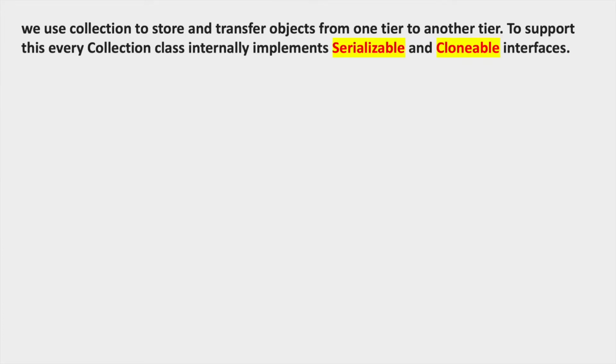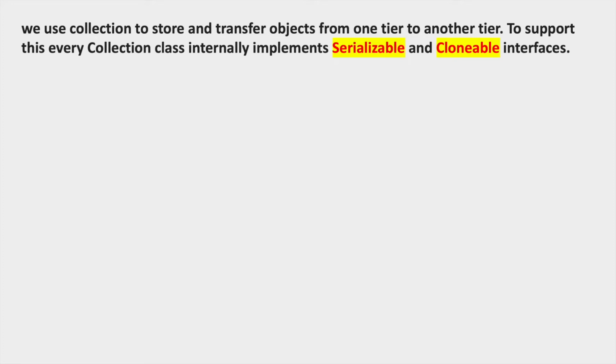We can use collections to store and transfer objects from one type to another type. To support this, every collection class internally implements Serializable and Cloneable interfaces. Why is the Serializable interface implemented?